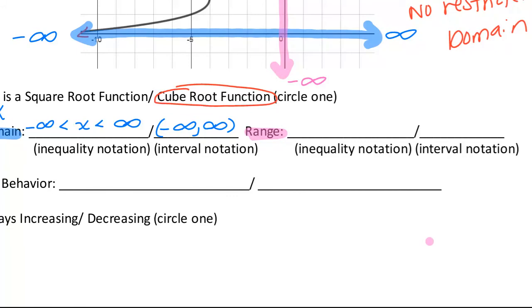Okay, it's basically the same as the domain, except now I'm talking about the y's. So when I write the range in inequality, instead of putting an x, I'm going to put a y. So negative infinity less than y less than positive infinity. And then parenthesis, negative infinity to positive infinity. Close the parenthesis.